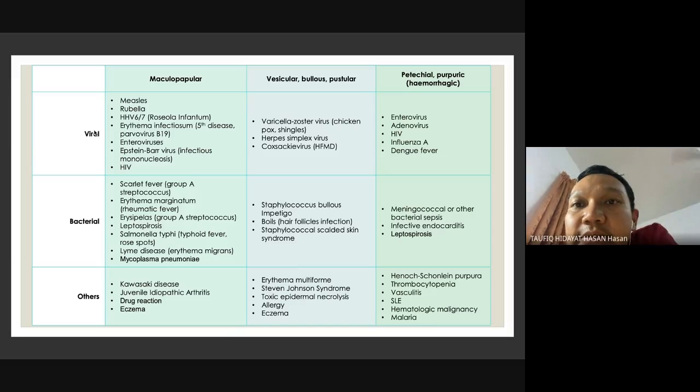Yang fifth disease, and then be careful yang bacterial, scarlet fever, and maybe Kawasaki ya yang common. Need to establish the diagnosis. Kalau yang vesicular, ya usually chicken pox.